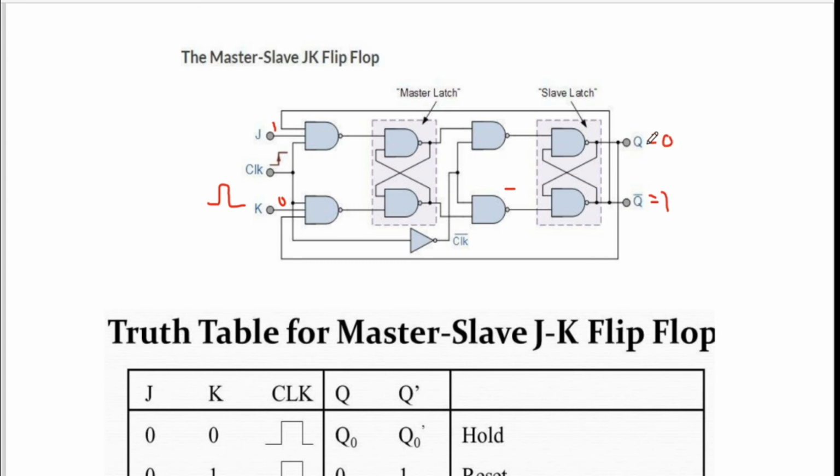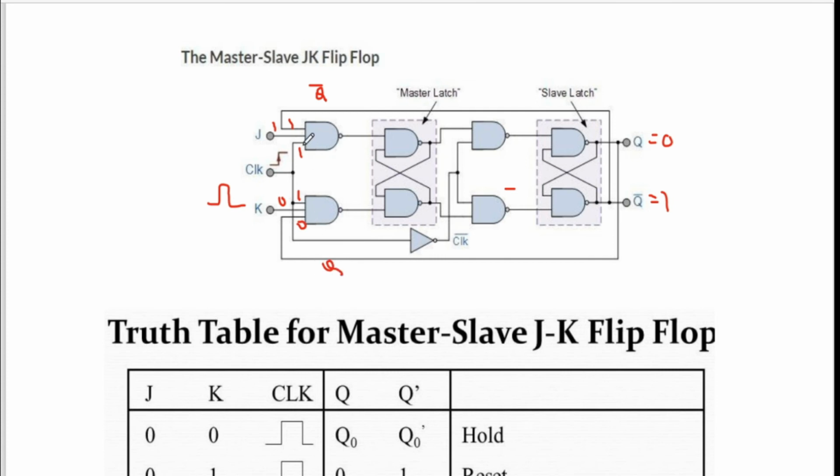So this Q value goes here, and we have a positive clock pulse, that means 1 here, and as Q bar is 1, this input goes here. So here we have the input coming from Q bar, and here the input coming from Q.